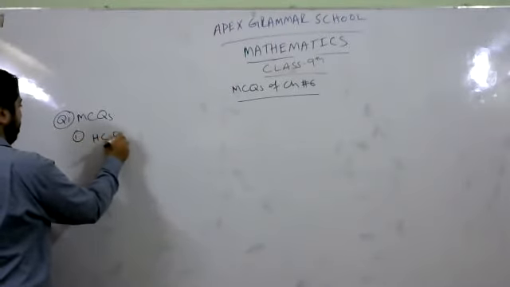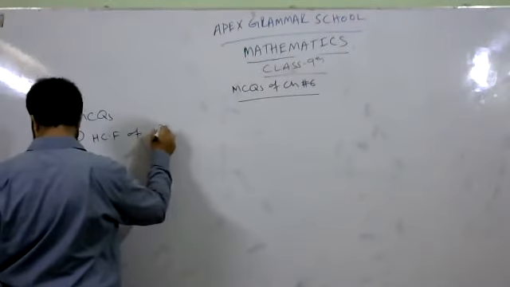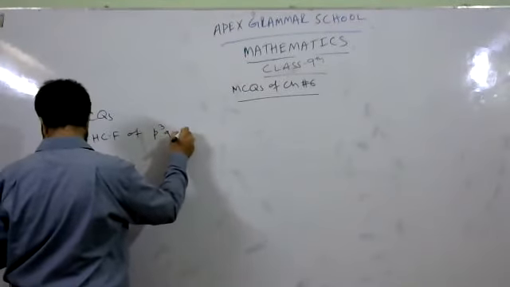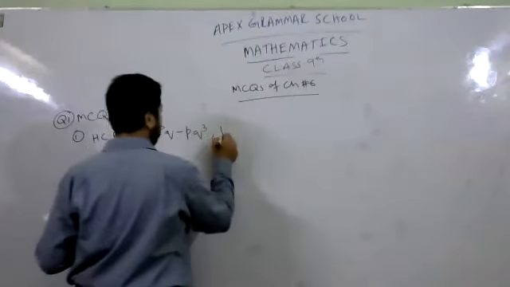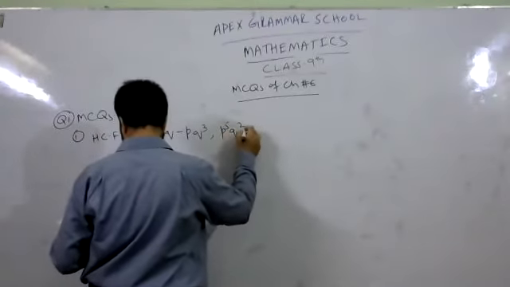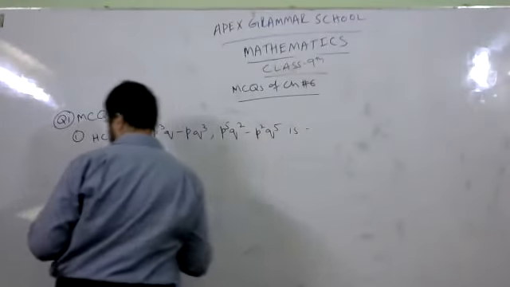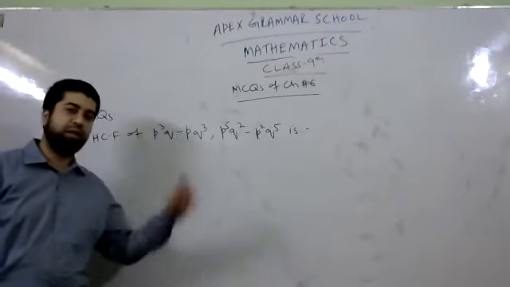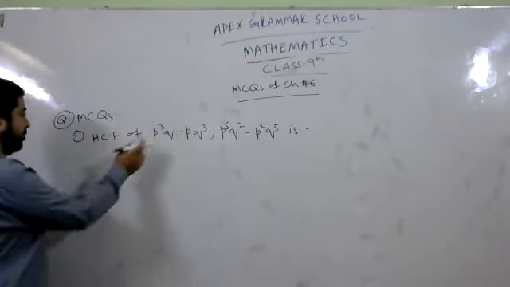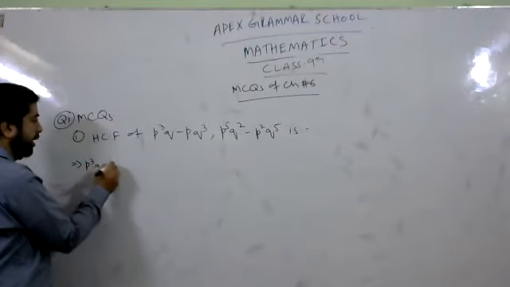HCF of PQ³ minus P³Q, and P⁵Q² minus P²Q⁵. We need to find the HCF of them. First is P³Q minus PQ³.